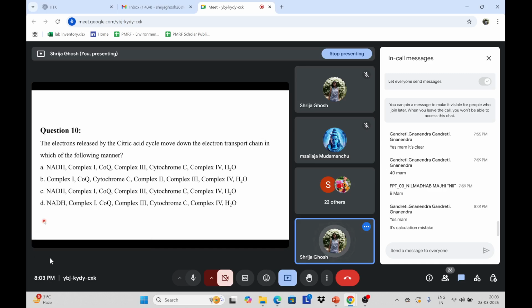So answer between the three options. Tell me the series, how the electrons will be transported in the electron transport chain.